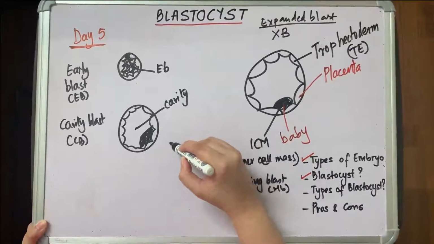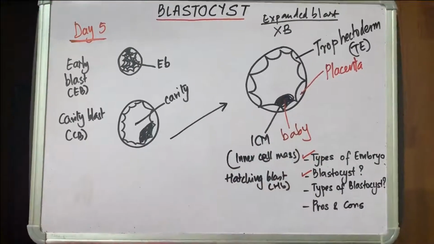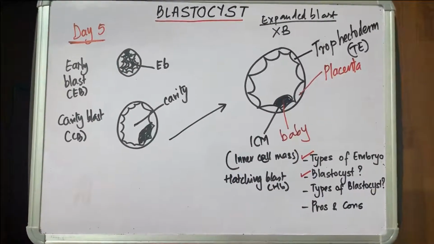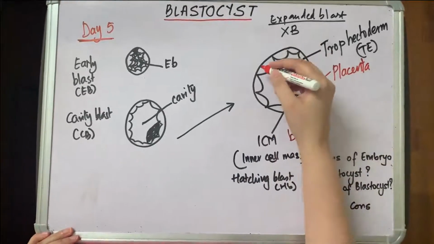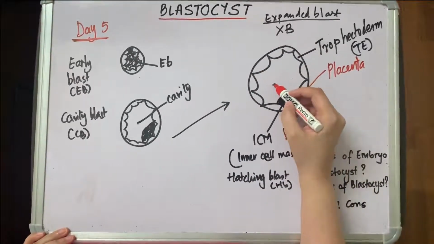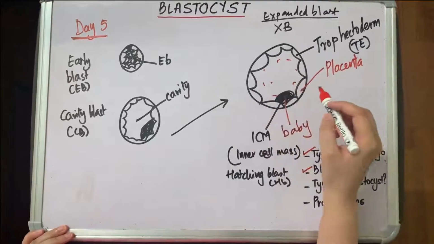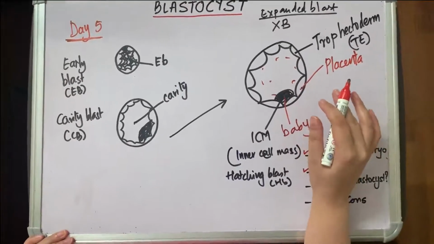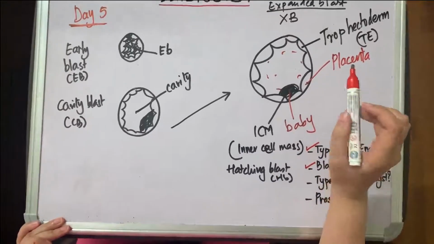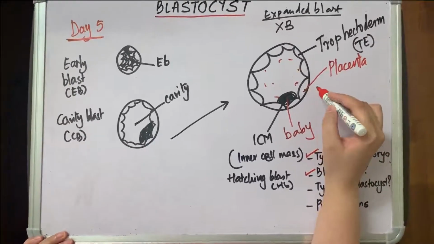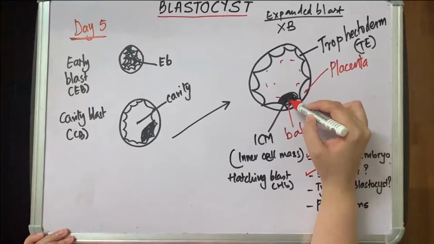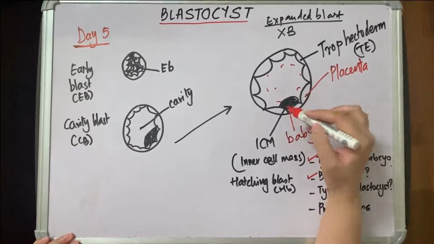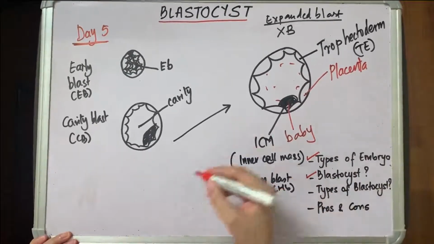As embryologists, we are able to grade this because we are able to spot the cavity. Then comes the next stage, the expanded blast. You can even notice here that the size has gotten bigger and the cavity is expanded. So this is what is a good blast, an expanded blast. Here we grade the trophectoderm and ICM properly. The grading is done based on the expansion.